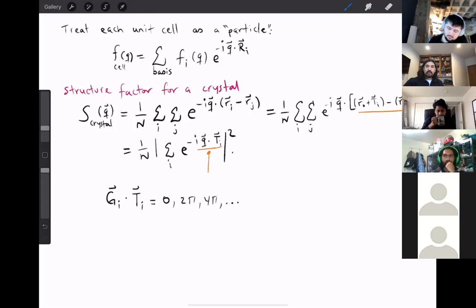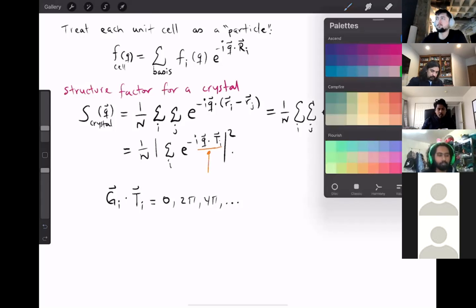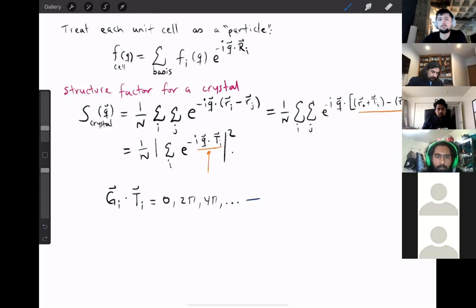For those particular Qs, you're getting 1, negative 1, 1, negative 1, and you don't add them up together. So in fact, these are the only ones that give you constructive interference. And that's the key.